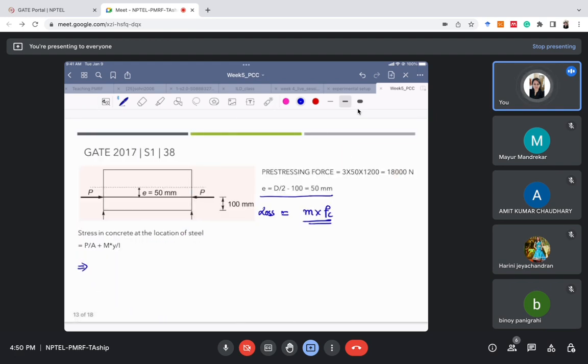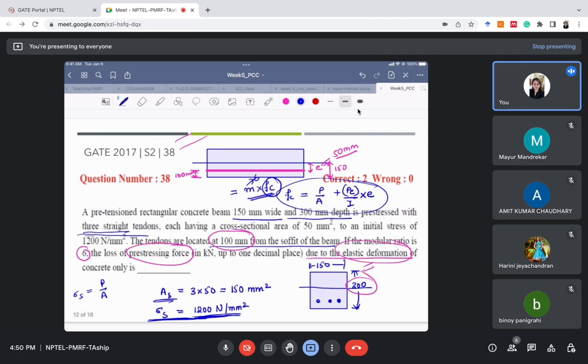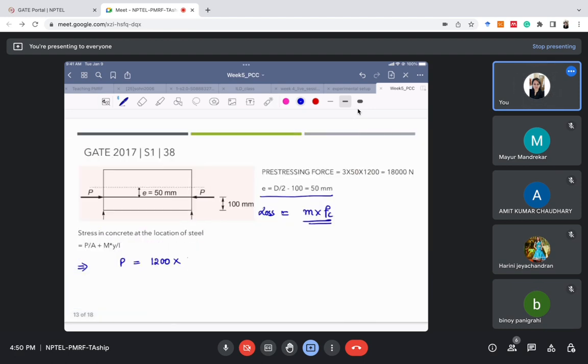So P will be 1200 multiplied by the area, which was 150 mm square. The value of pre-stressing force coming is 180 kilonewton.